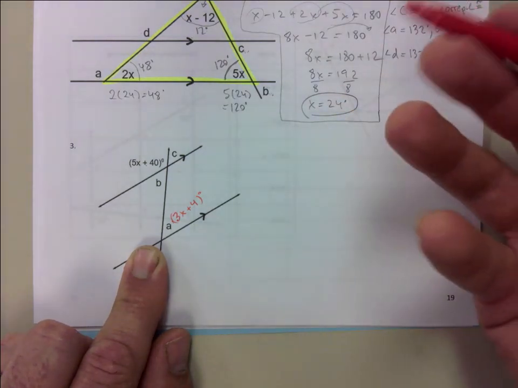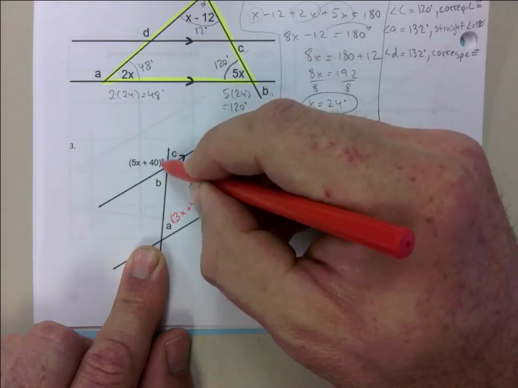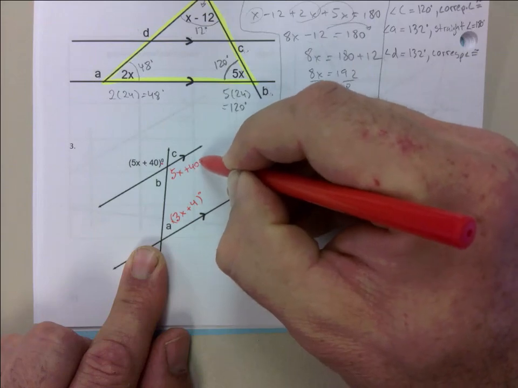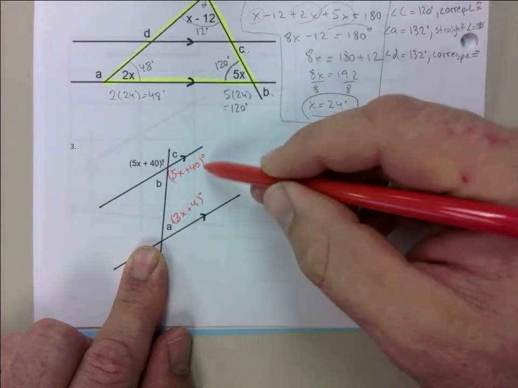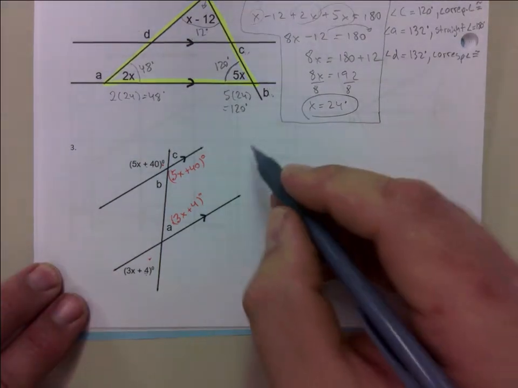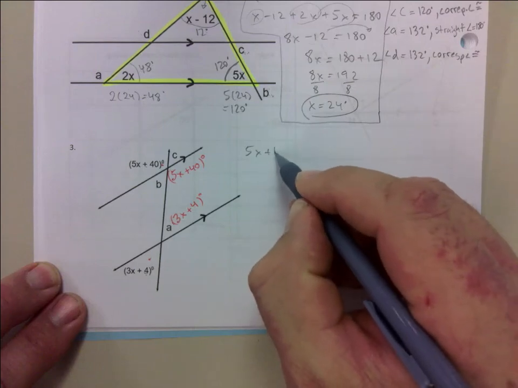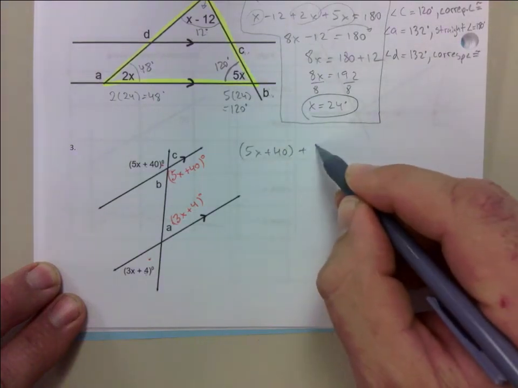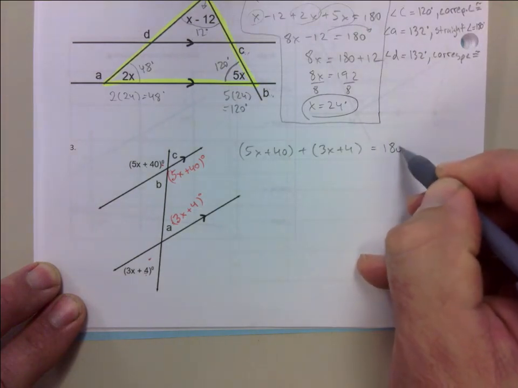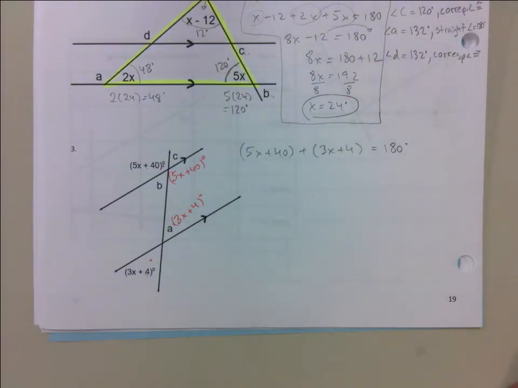So you still don't have anything. What are these two angles? Vertically opposite, yes. Do we have a name for these two? CIAs. All right. So then you go 5x plus 40, 3x plus 4, right? And you solve for x.